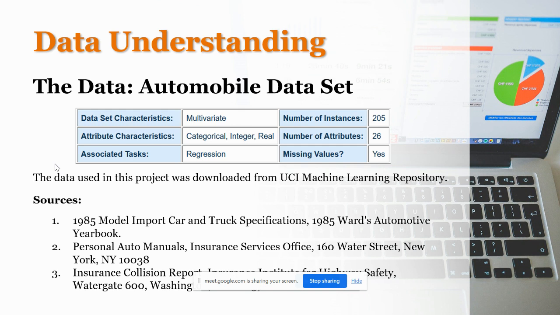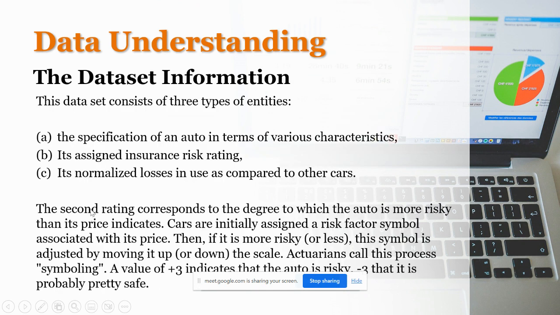The data used in this project was downloaded from the UCI Machine Learning Repository, which is sourced from the following sources below. Okay, so we are proceeding to getting our data information. This data set consists of three types of entities: the specification of an auto in terms of various characteristics, its assigned insurance risk rating, and the normalized losses in use as compared to other cars.